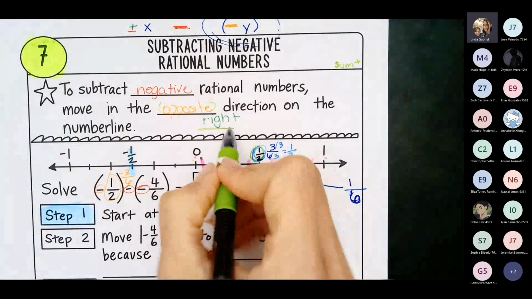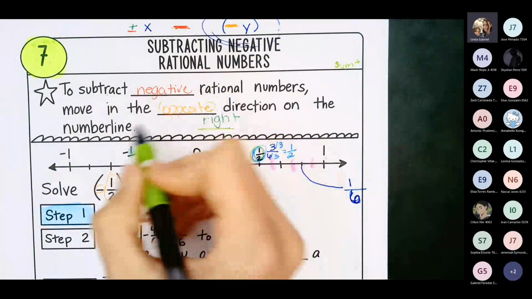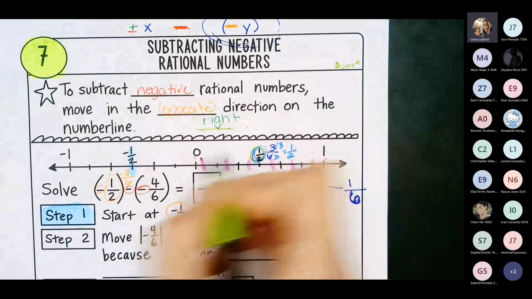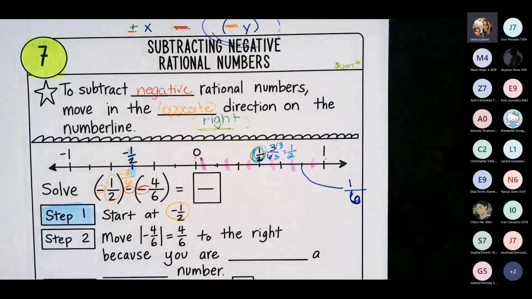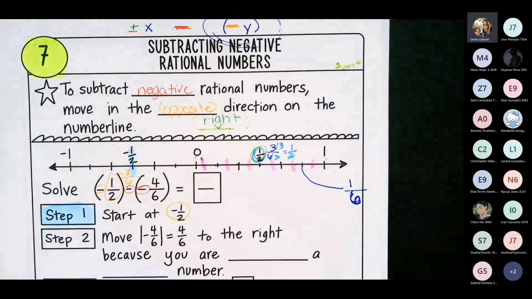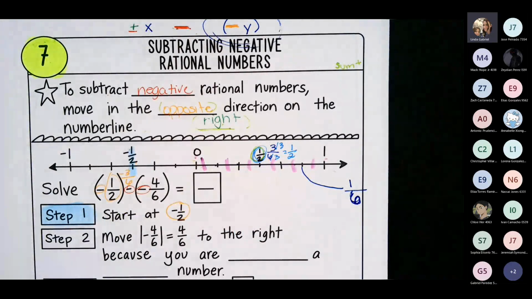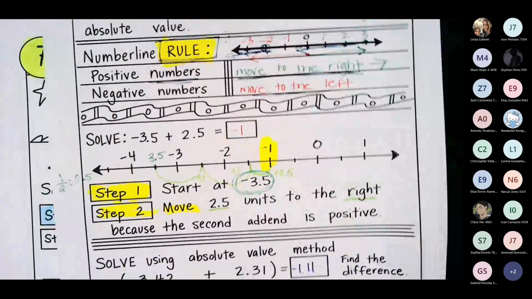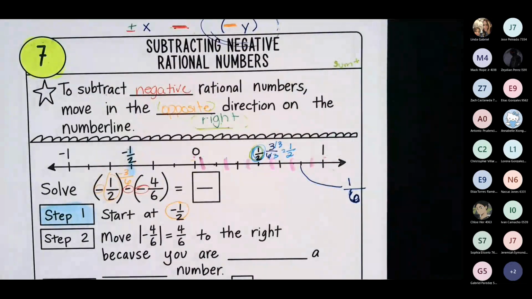Because our rule says that when you are subtracting negative rational numbers, you move in the opposite direction, or to the right on the number line. And when I am moving to the right, I'm moving towards the positive direction.